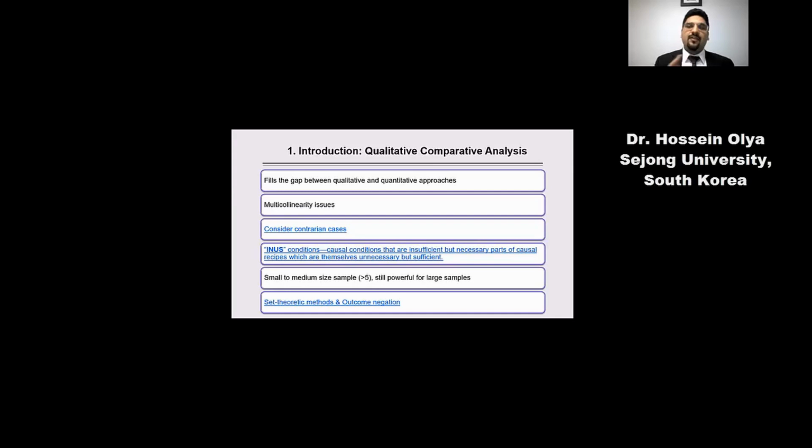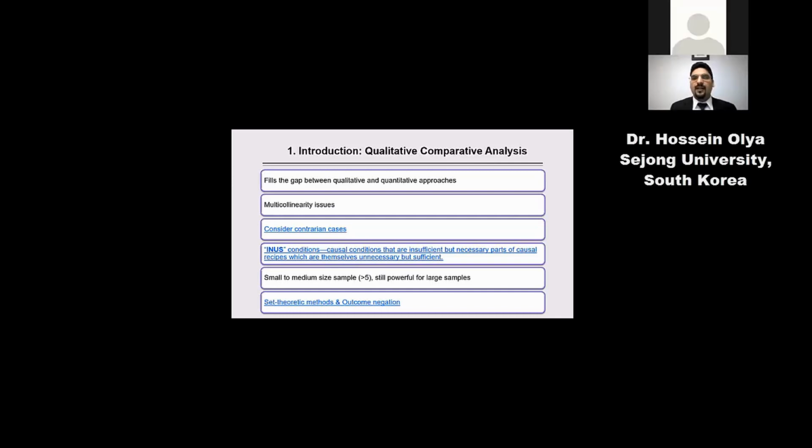So we have had this argument for a long time, and all of you are familiar with this. But now we have a third way called qualitative comparative analysis. Actually, this method functions as a bridge between these two methodological approaches.